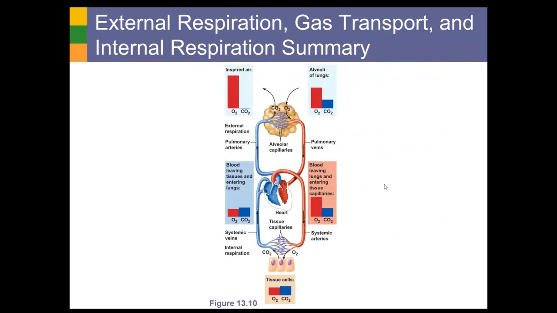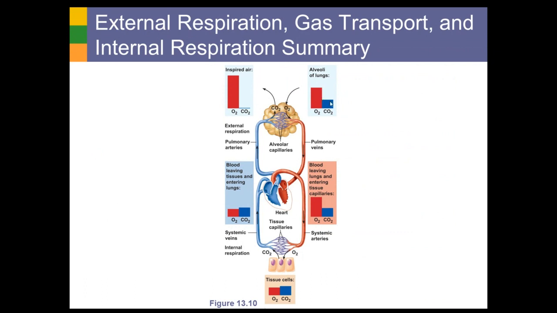So this is just a summary of the relative amounts of oxygen and carbon dioxide in different tissues and blood vessels and spaces. If you looked at the amount of oxygen and carbon dioxide in the air that we breathe, you can see that the carbon dioxide levels are a fraction of the oxygen levels. Then when we bring that air into our lungs, it looks something like this.